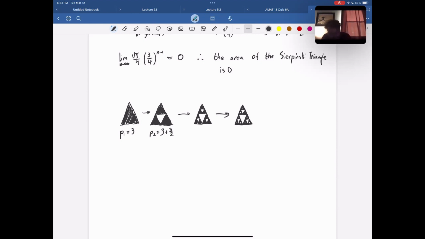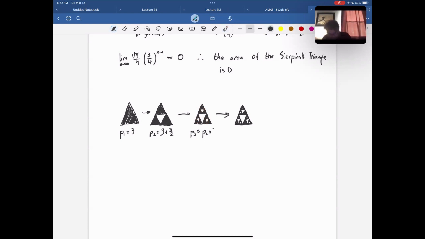Now, if we continue on, we see again, right? We have the outer edge, so our outer perimeter, we've got that innermost perimeter here. And so we know that P3 is going to contain all of P2's perimeter. And then it's going to contain 3 more tiny little triangles, each one an equilateral triangle that has sides of length 1/4, right?